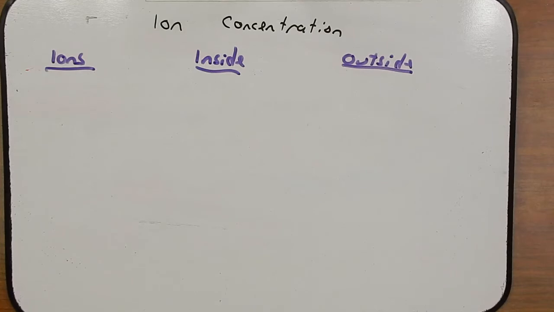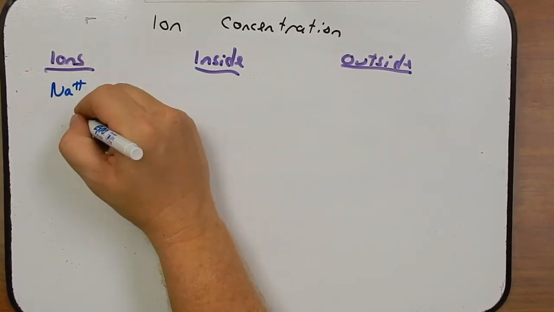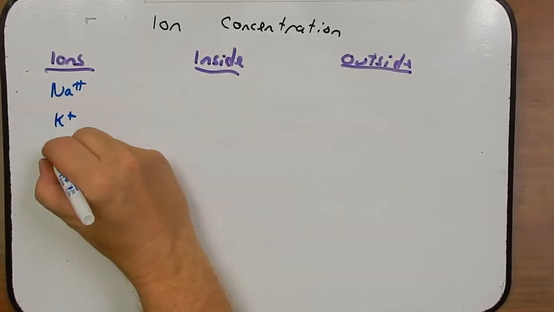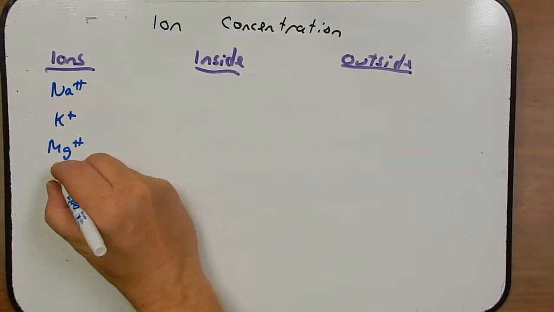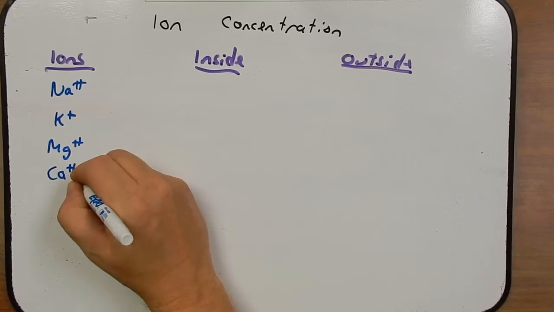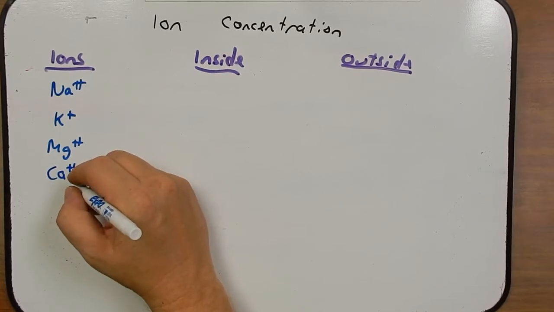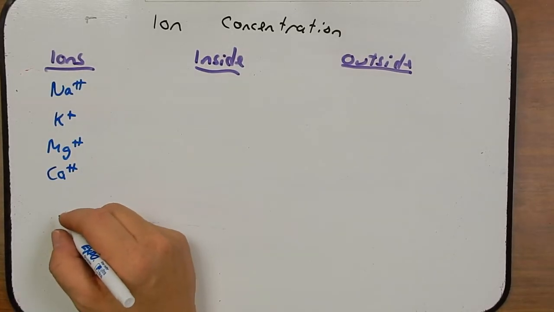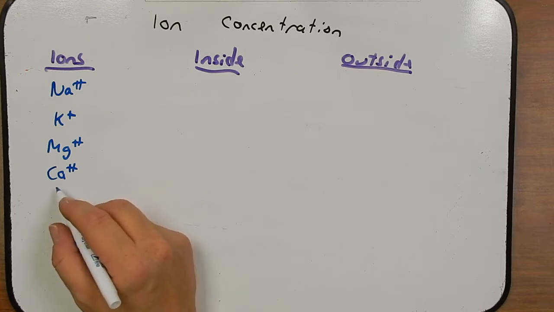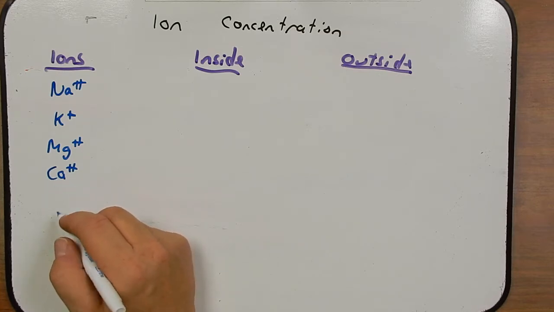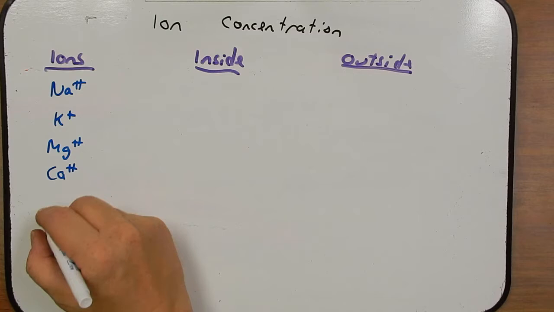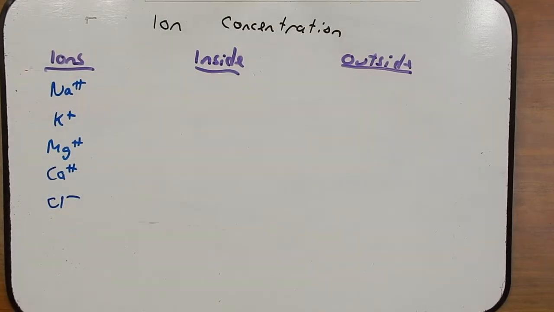And let's talk about these ions: sodium, potassium, magnesium, calcium. I just noticed on your note-taking guide I put C++. I certainly didn't mean doubly positive carbon. That's just a typo. It's supposed to be calcium in your note-taking guide. And then chloride.